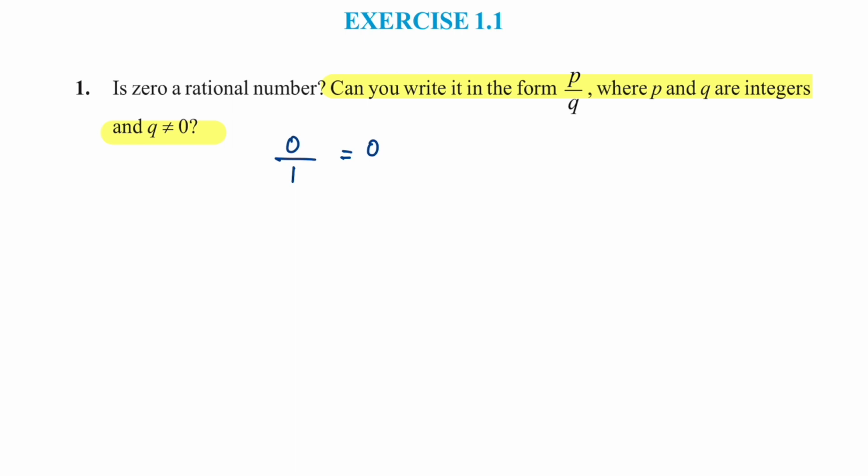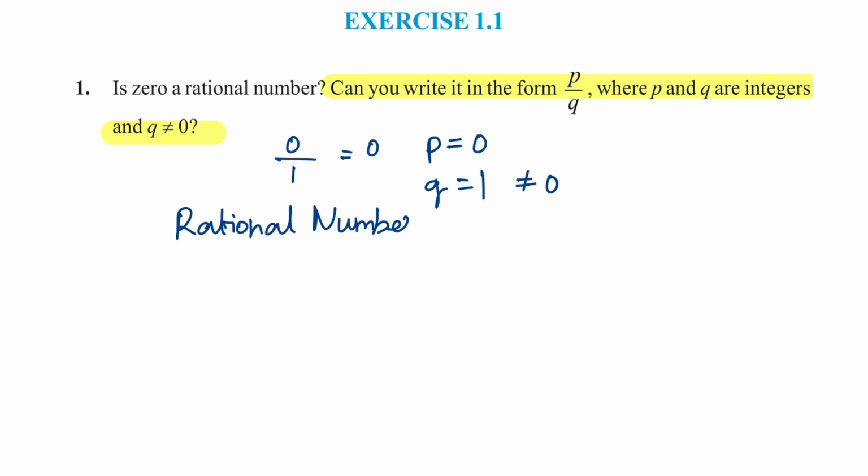When we express it as 0 divided by 1, the value of p is 0 and the value of q is 1, and this 1 is not equal to 0. Obviously q is not equal to 0, and hence it satisfies the condition. It can be expressed in the form p divided by q, where p and q are integers. So 0 is in fact a rational number.